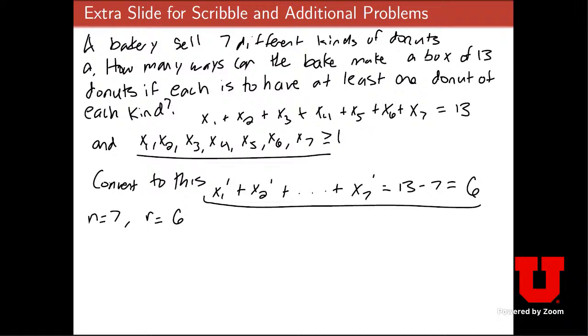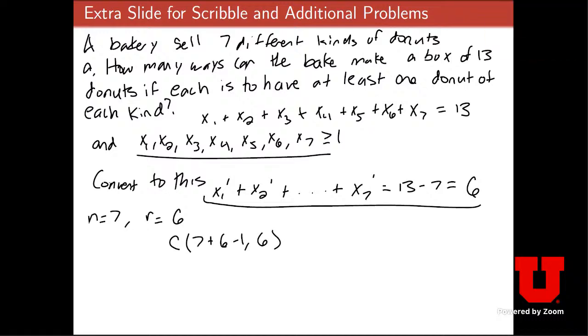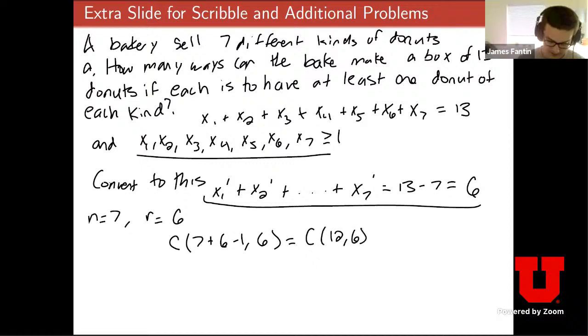It's C of n plus r minus 1 choose r. So in this case it would be 12 choose 6. Yeah, so we've got C of 12 choose 6. And then what's that equal to?